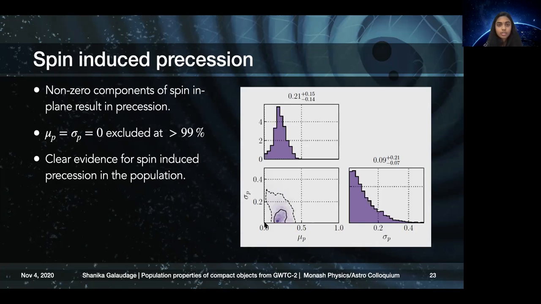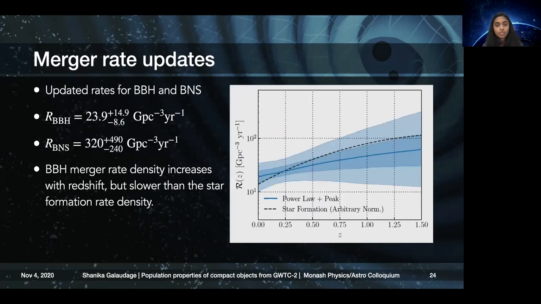So we're pretty much almost at the end here. We also have updates for the merger rates of both binary black holes and binary neutron stars, which are quoted here. On the right, I've plotted redshift against the merger rate density.